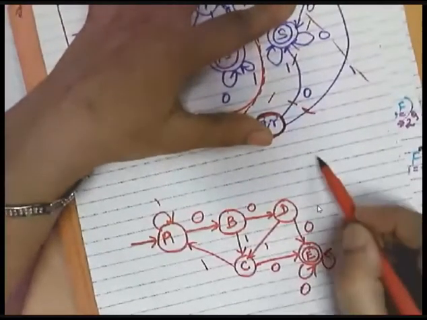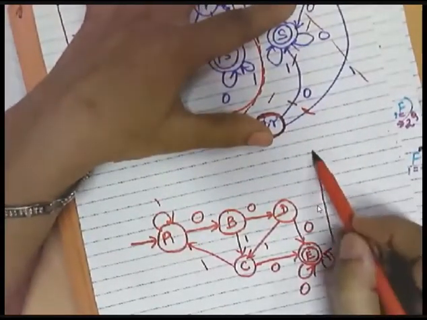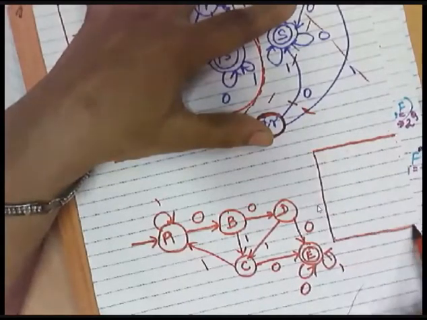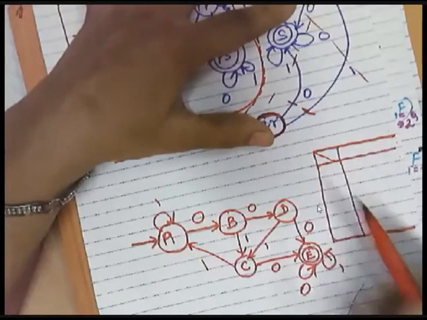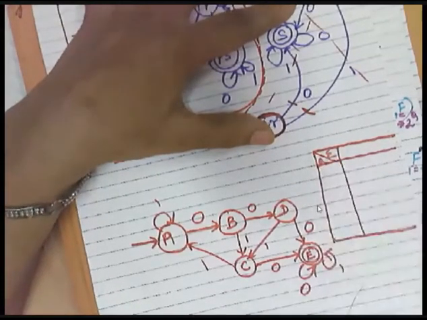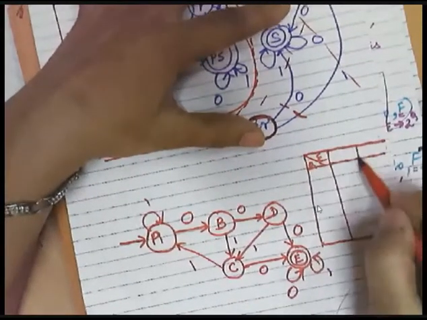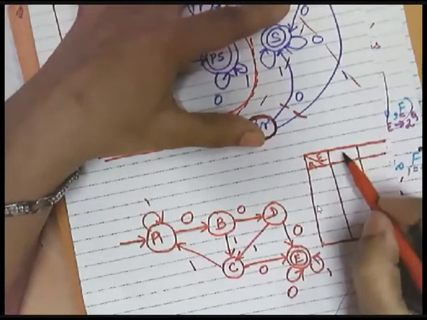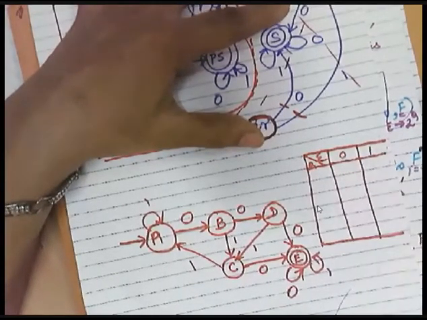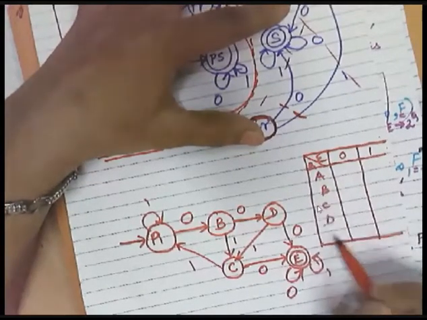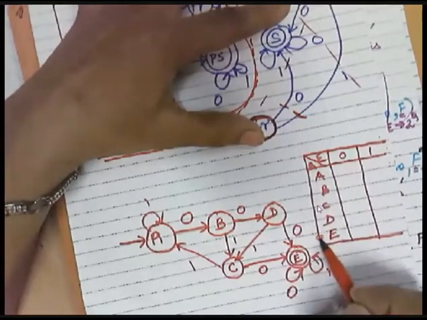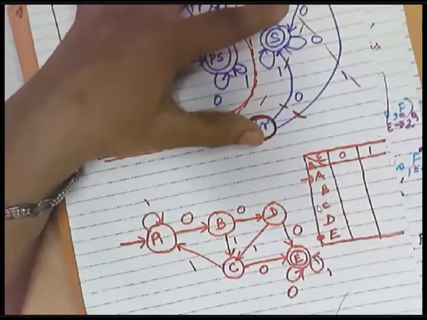In the paper you have to write the finalized or minimized DFA with the transition graph as well as this table. In this table you will have input symbols 0 and 1, and the states A, B, C, D and E, where E is the final state and A is the initial state.